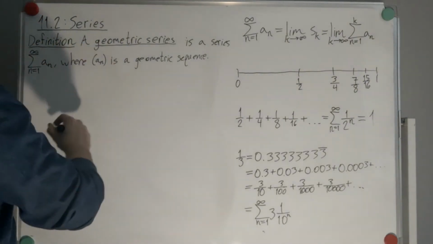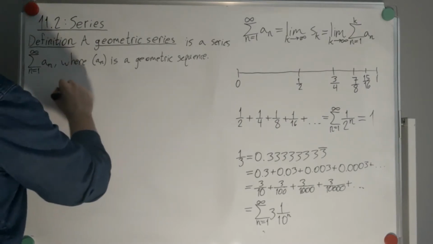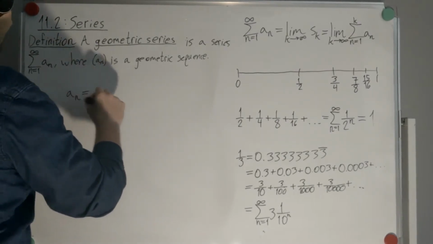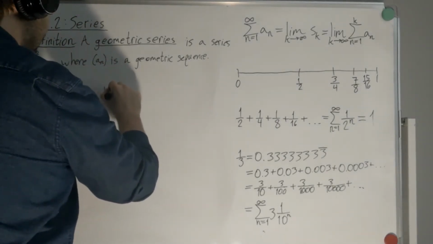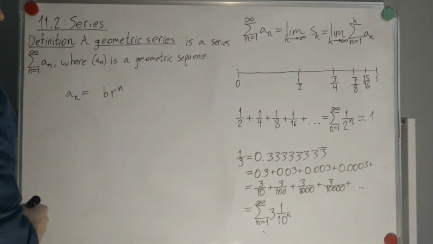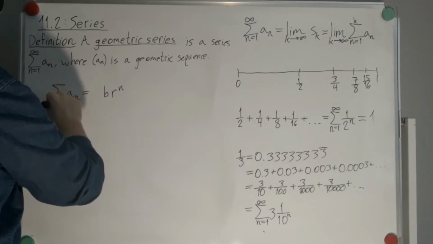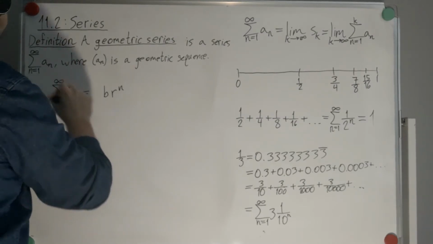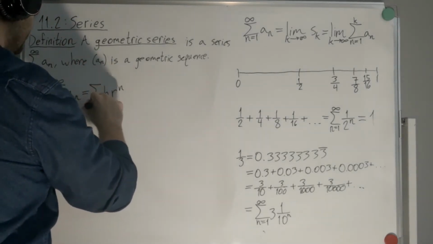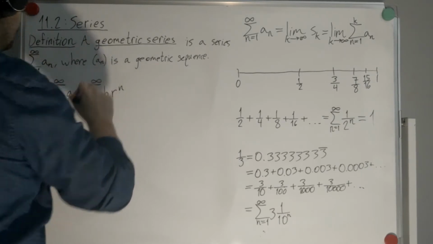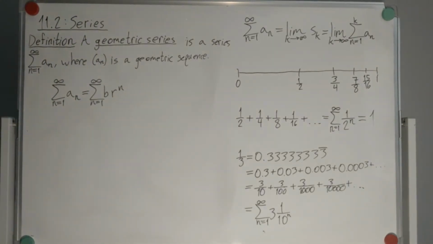Now, since every geometric sequence looks like a_n equals constant times r to the n, every geometric series is going to look like the sum from n equals 1 to infinity of constant times r to the n, for some appropriate choice of b and r.